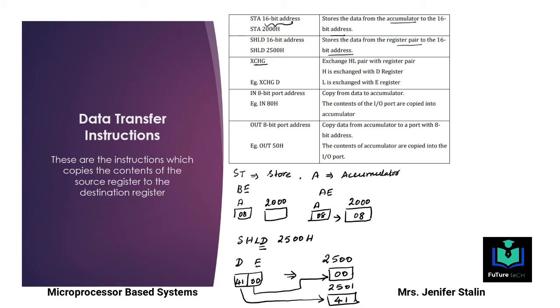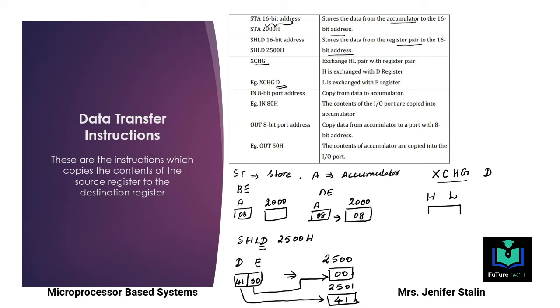The next instruction is XCHG, which stands for exchange register pair with the indicated register. For example, exchange the register pair with D. The register pair here talks about HL.